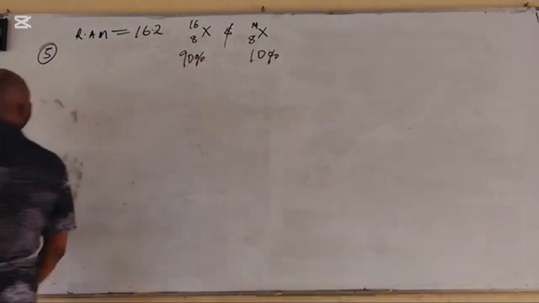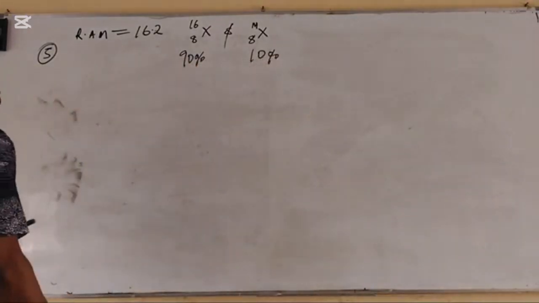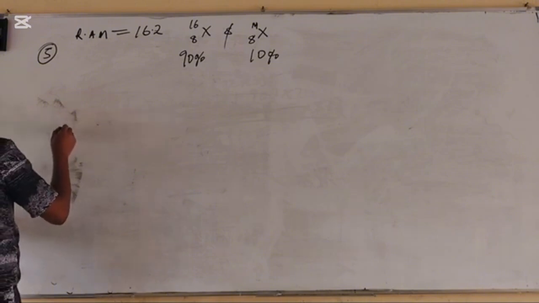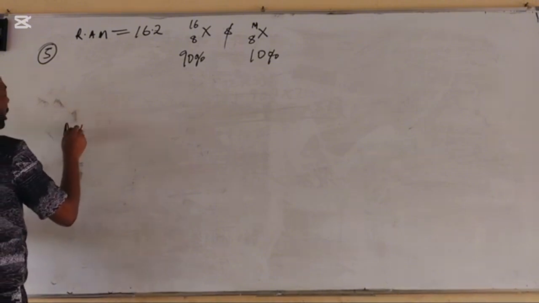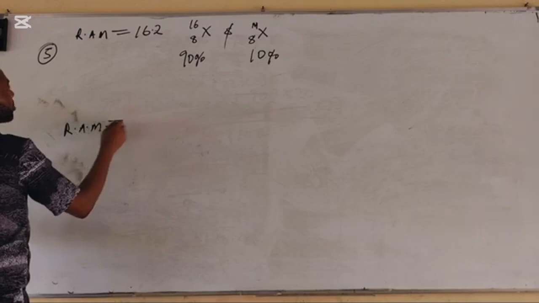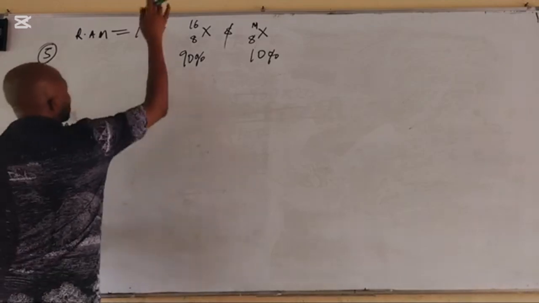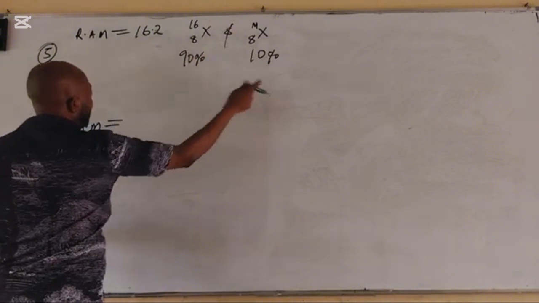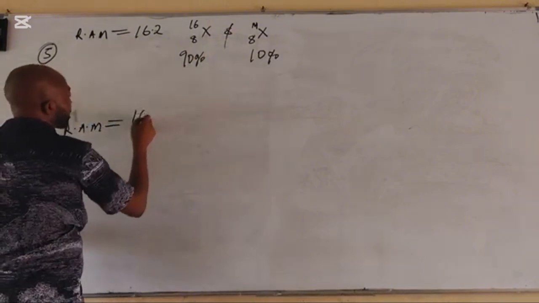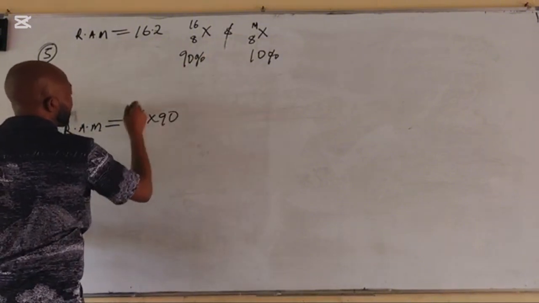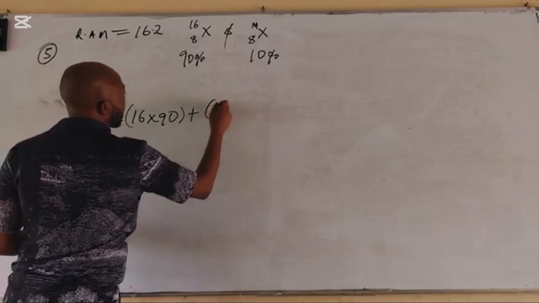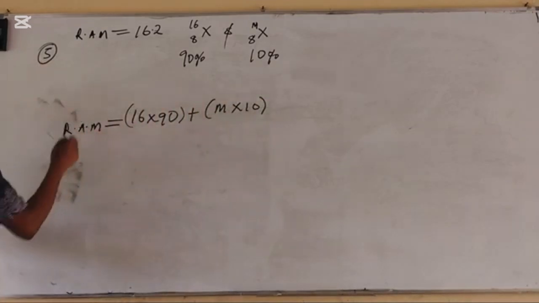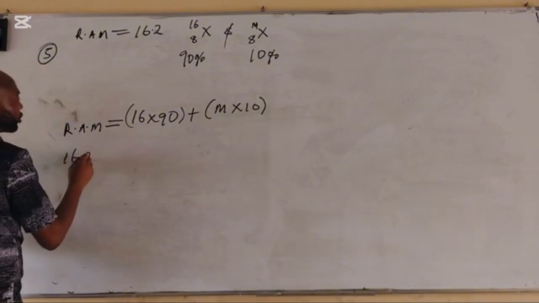So remember how we do it. With the relative atomic mass, we will equate it to the mass number times the percentage plus the mass number times the percentage. So this is 16 times 90 plus N times 10. But the relative atomic mass is 16.2.